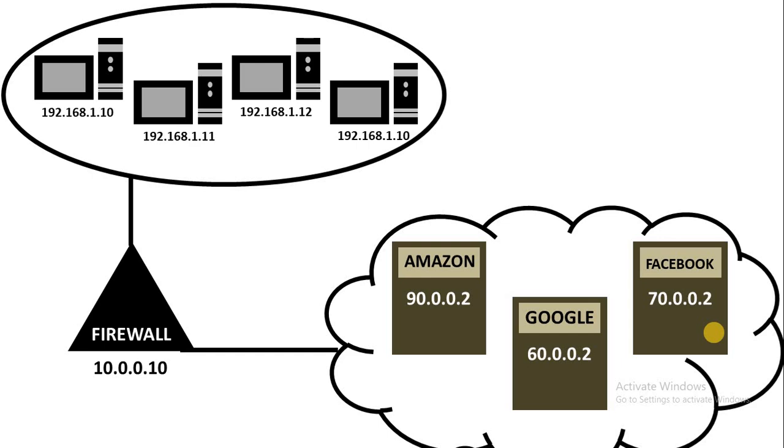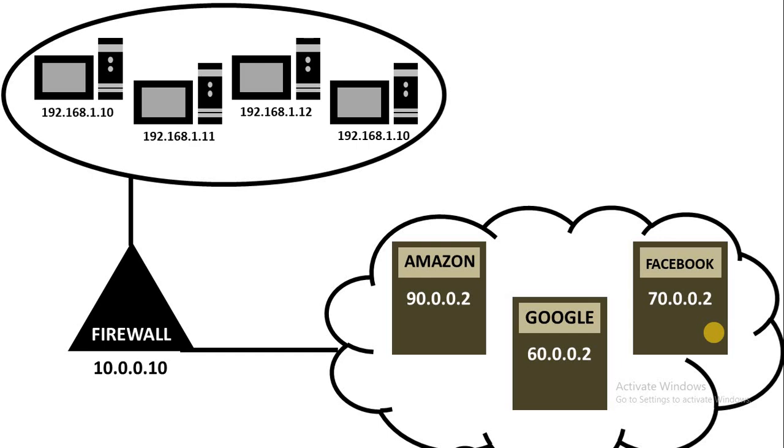So there are 4 computers having private IP address, and also there is a hardware firewall that is set up as barrier acting between the internal security of the organization and the external untrusted internet. We can see in the cloud there are Amazon, Google and Facebook server. All those servers have a unique IP address, those are considered to be the public IP address.